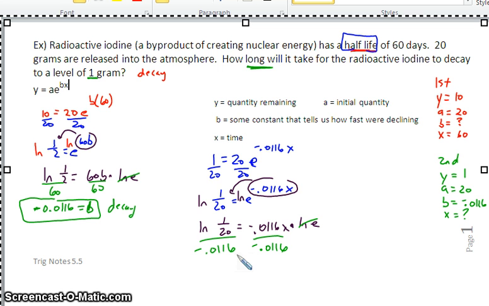And doing that, I end up with 258.3 equals x. And since x is time, we're given a time initially in days, this would be days. So it should take about 258 days to go from 20 grams down to 1 gram.